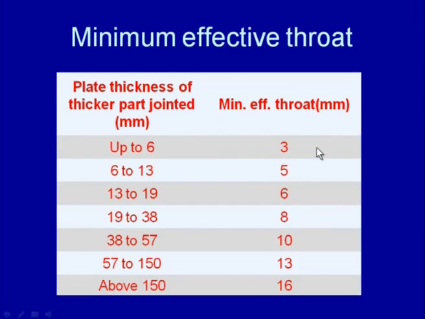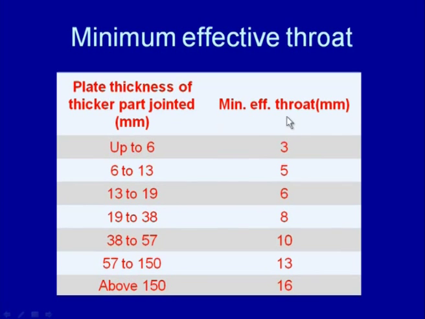If we consider a wider range of plate thicknesses, then up to 6 mm the minimum effective throat thickness is 3 mm, for 6 to 13 mm it is 5 mm, for 13 to 19 mm it is 6 mm, for 19 to 38 mm it is 8 mm, for 38 to 57 mm it is 10 mm, and for 57 to 150 mm it is 13 mm.